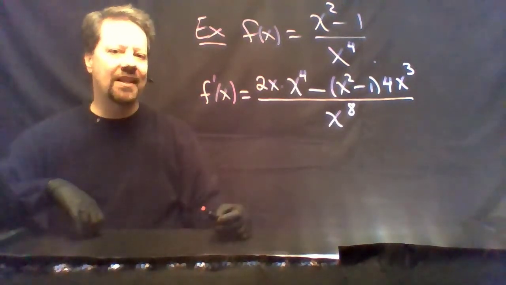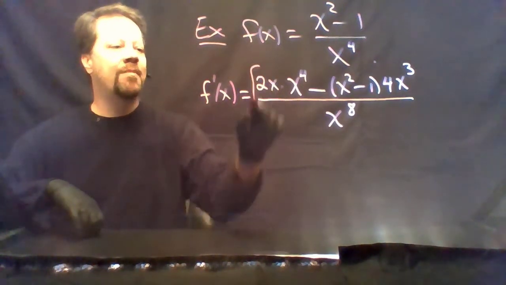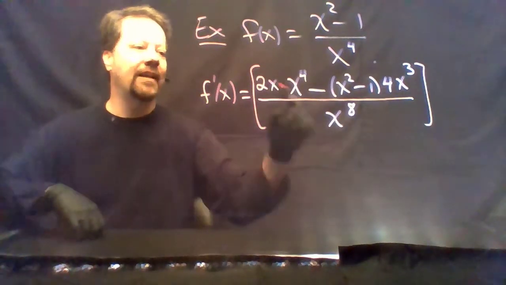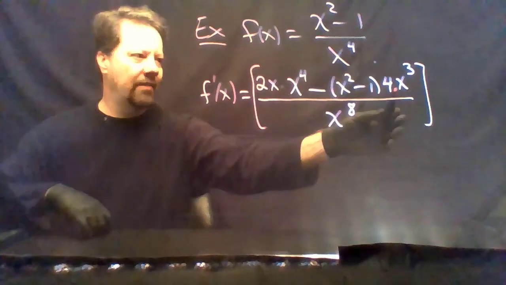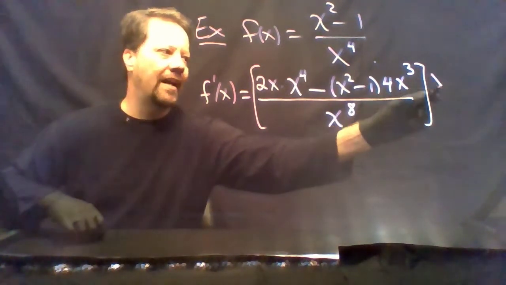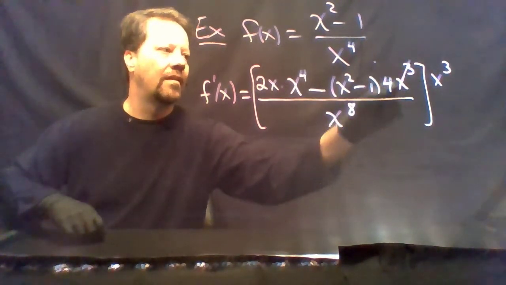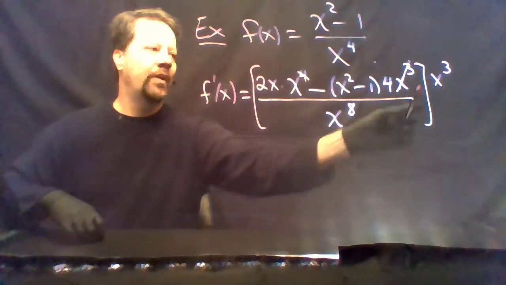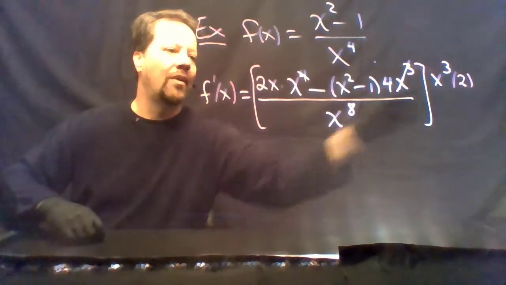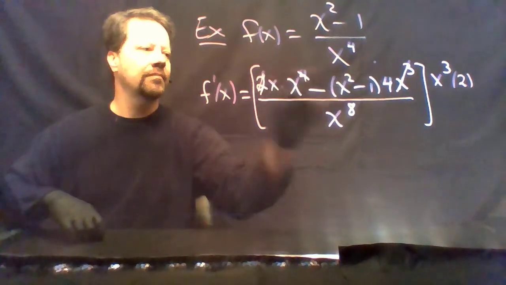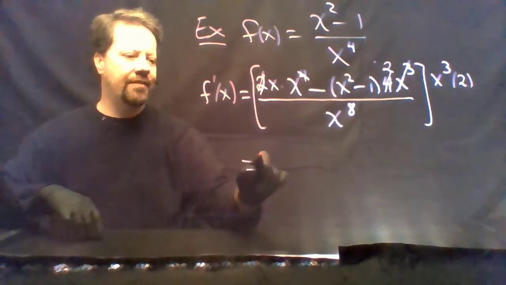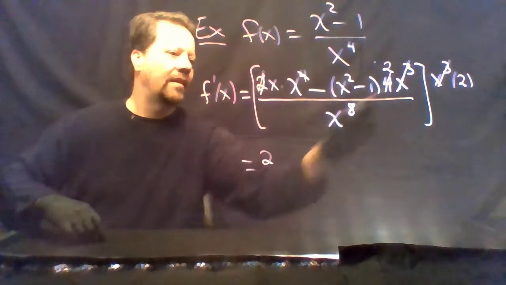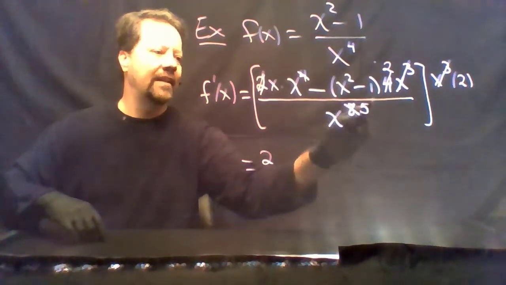You multiply those exponents. Remember that when simplifying, you should factor first. We can pull an x to the 3rd out. We can also pull a 2 out. So we have this x cubed that can cancel.